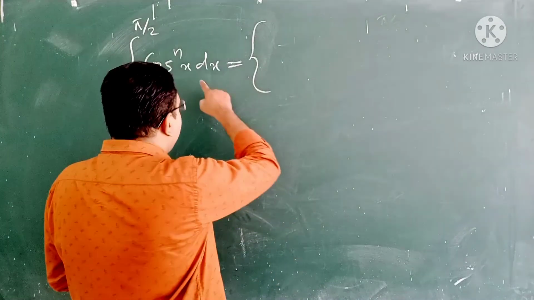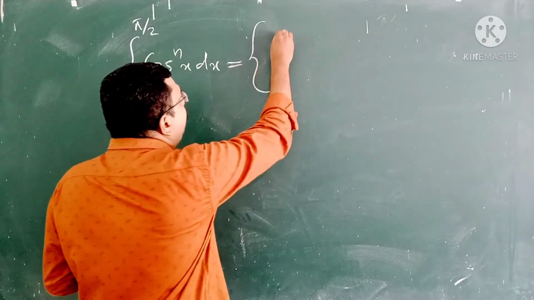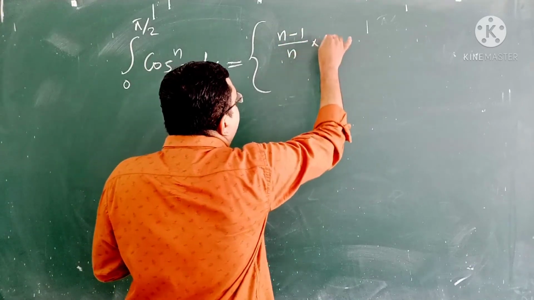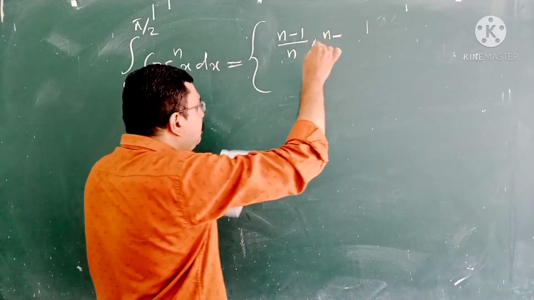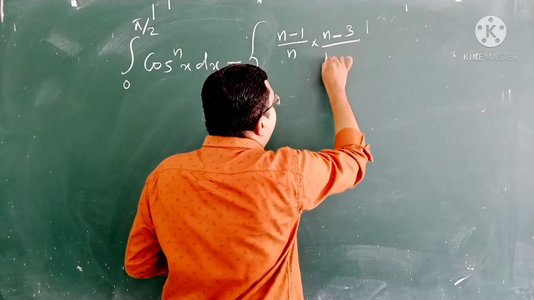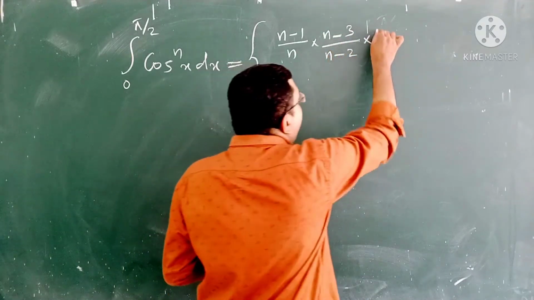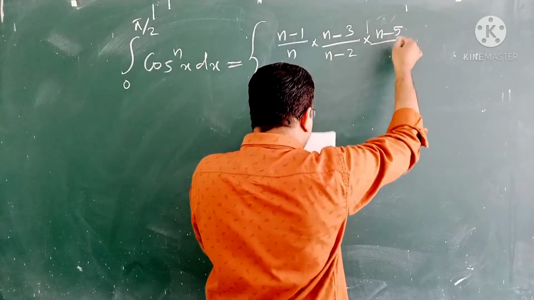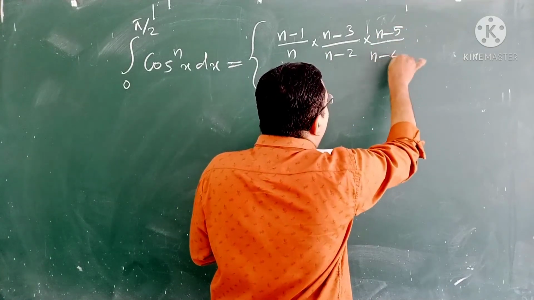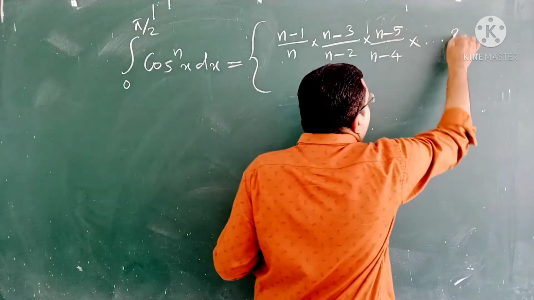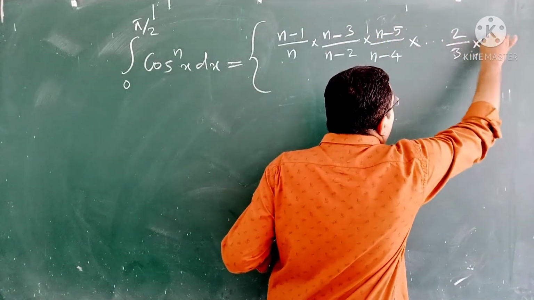First one is n is odd, then we get n minus 1 by n into n minus 3 by n minus 2 into n minus 5 by n minus 4 into etc. The last one is 2 by 3 into 1.